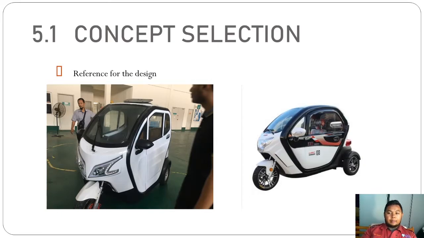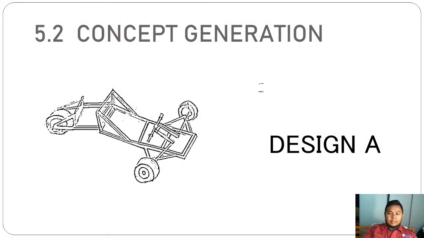On the right we can see a picture of an electric scooter which can be found on the internet or other pages. We use their design, and we study their parts and their pattern for our design.